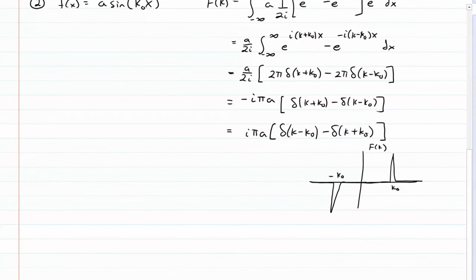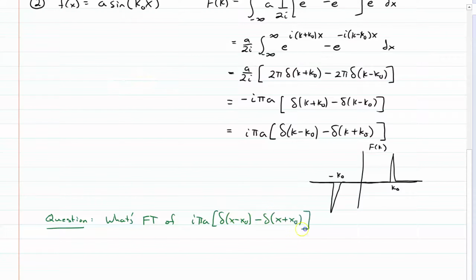Now let me ask a question. What's the Fourier transform of this function, i pi a times delta of x minus x0 minus delta of x plus x0? Where is that coming from? That's this function, right?